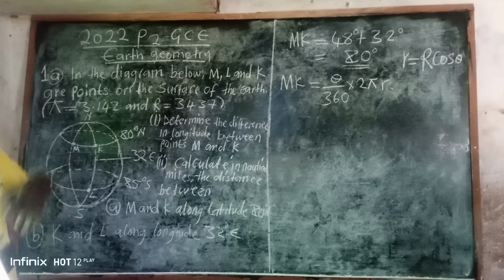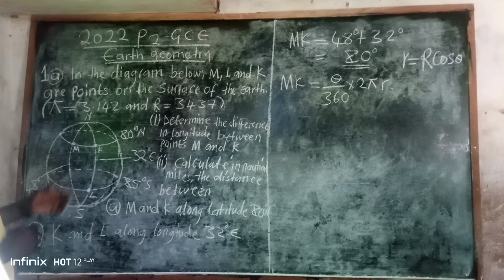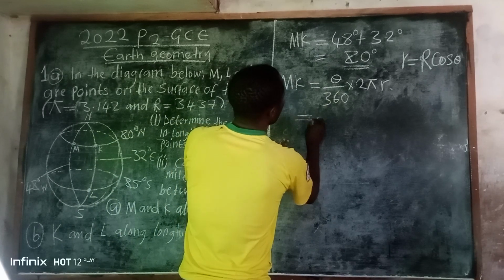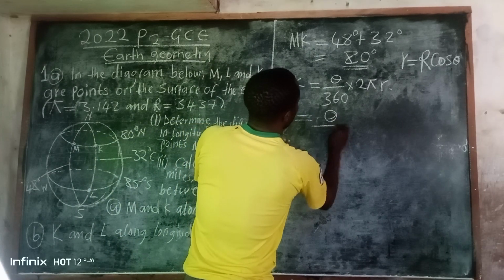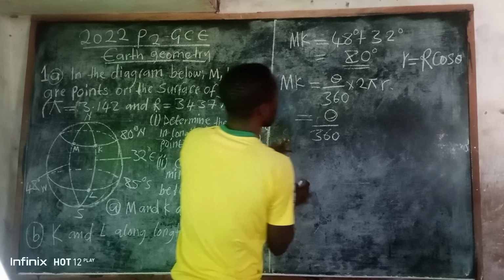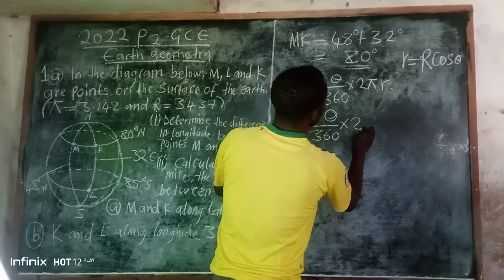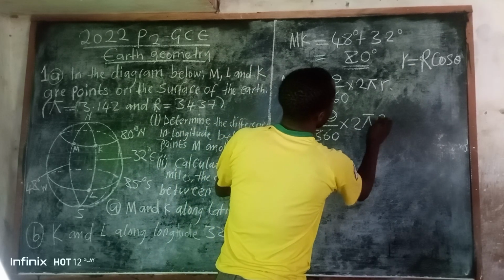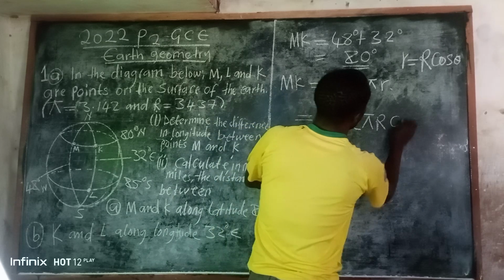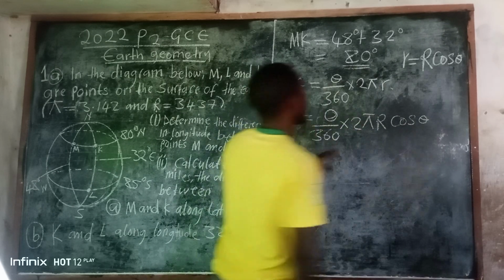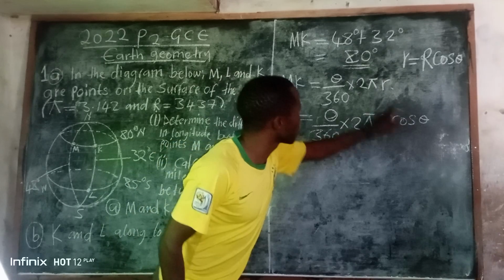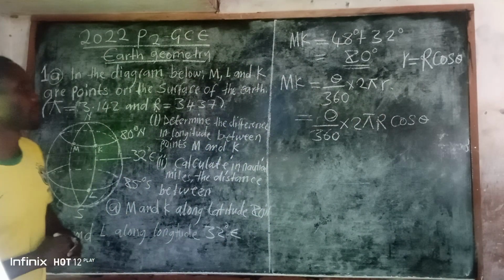So here we are going to say theta over 360, times 2 pi, then capital letter R cos theta. As I said earlier, this one is the same as this one, so there's nothing different there.